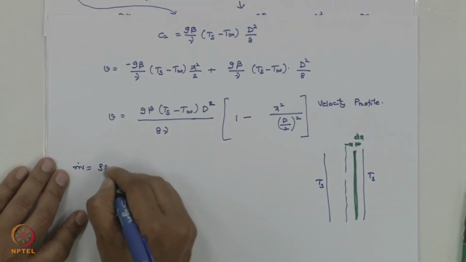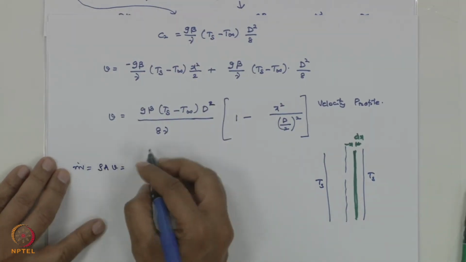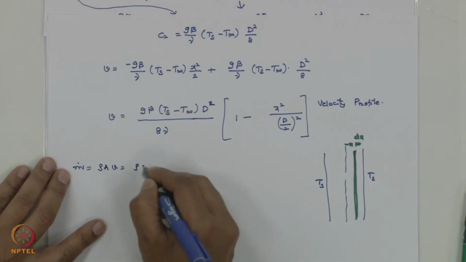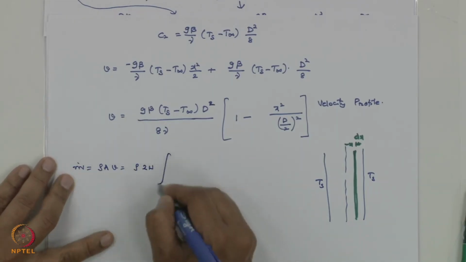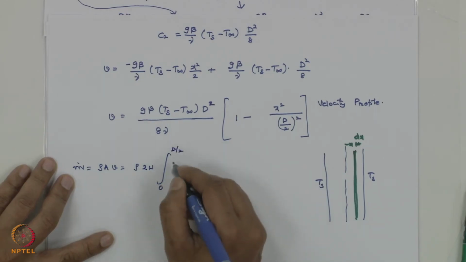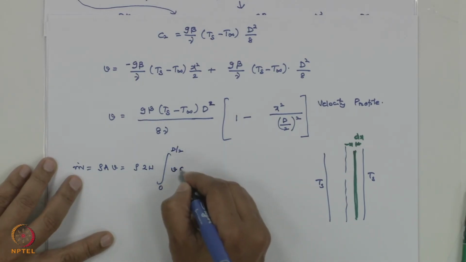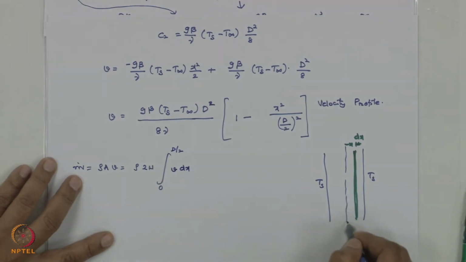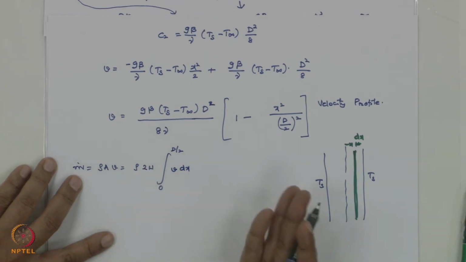So that is rho AV. Rho into area, which is 2 into width, and I am going to integrate 0 to d by 2 of V dx. Why 2? Because I am integrating 0 to d by 2, the whole channel means twice I have to multiply, because of the symmetry it is the same.